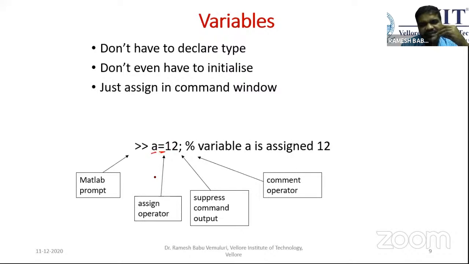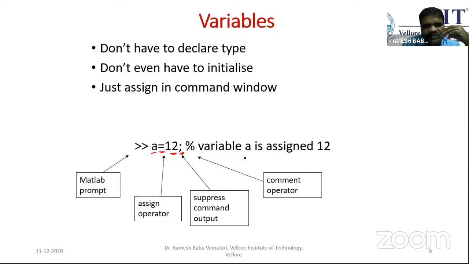That means it will assign to the variable a particular numerical value, or some other value, or maybe some other variable also. Here 12 is a numeral we have allocated. After that we are using the semicolon, which will suppress the output.